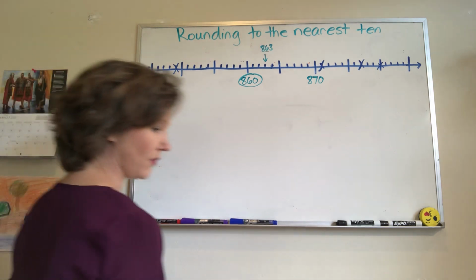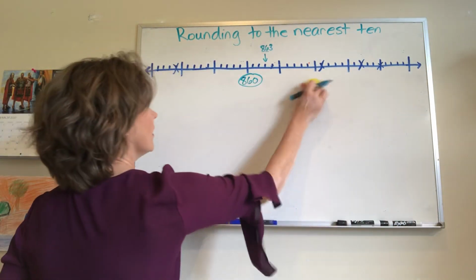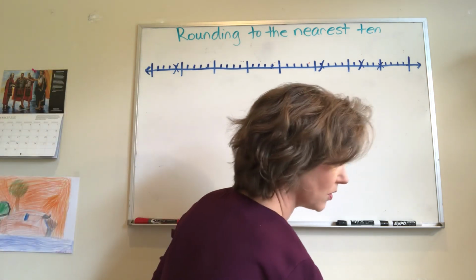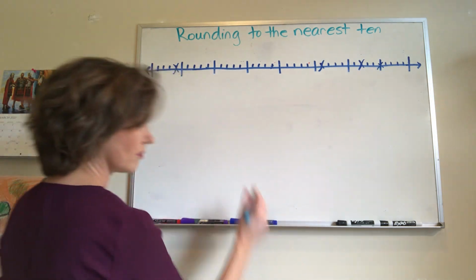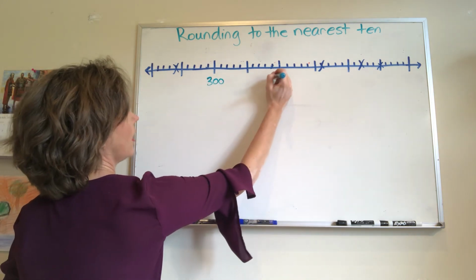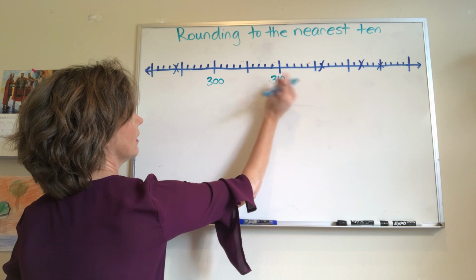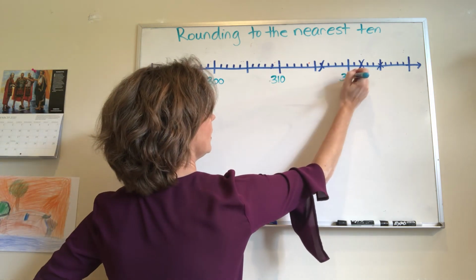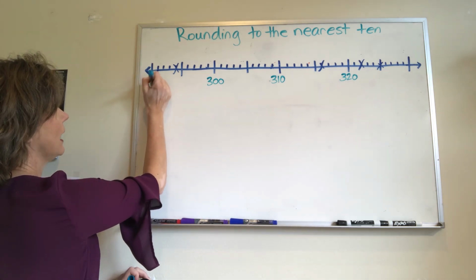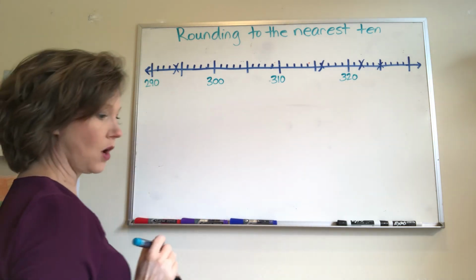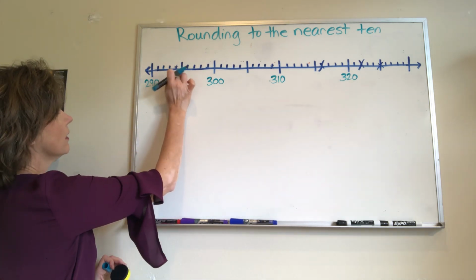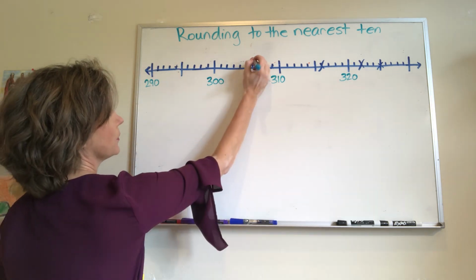All right, so what if I have, moving down a little bit more, I'm going to scooch over a page, what if I have 300, 305, 310, 320, and this would be 290. Okay, what if I have the number 306? 305, 306.